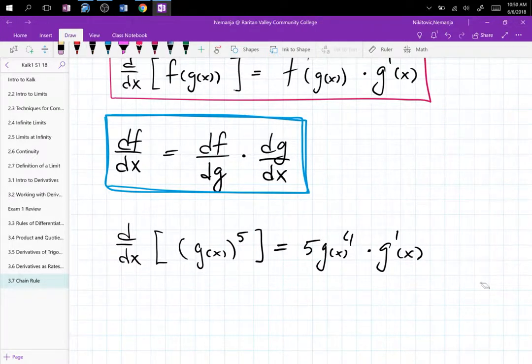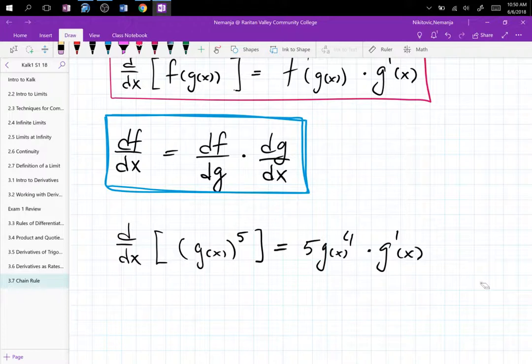So you don't necessarily have to know what the inside function is. It could be anything, as long as you know it's a function of the variable that you ultimately are after, which is x. It has to go with a times g prime.